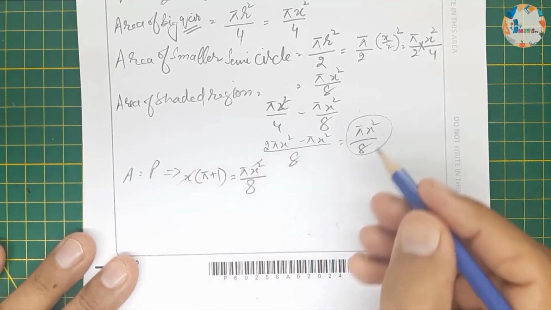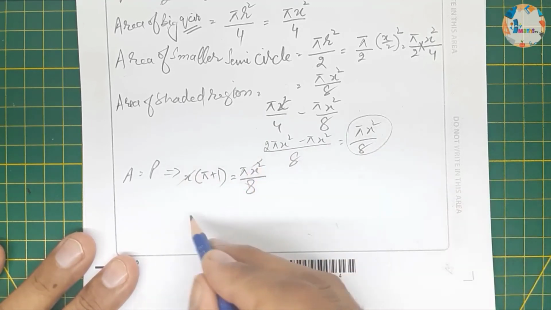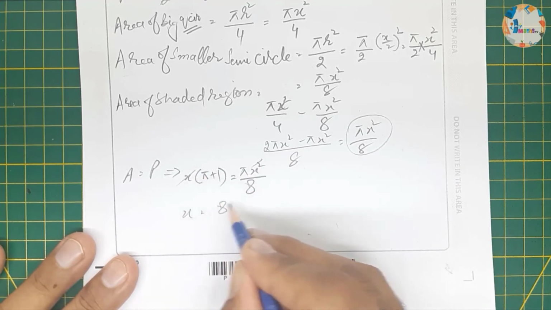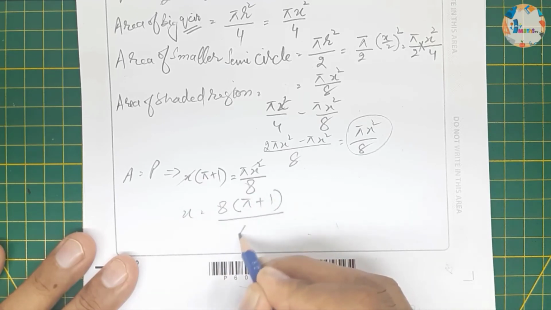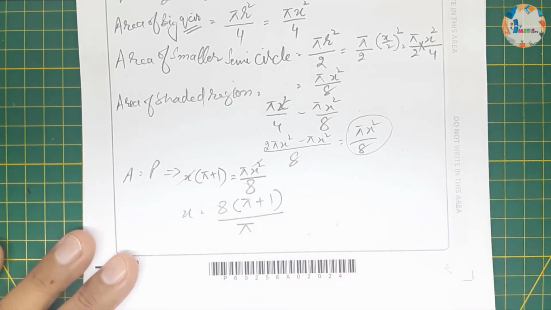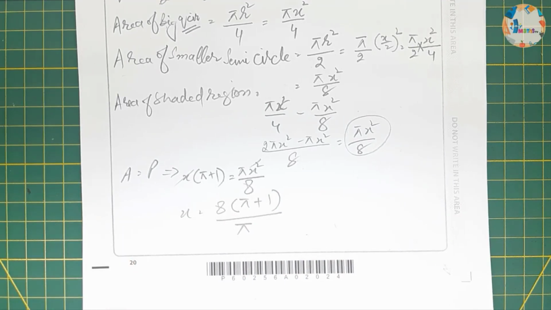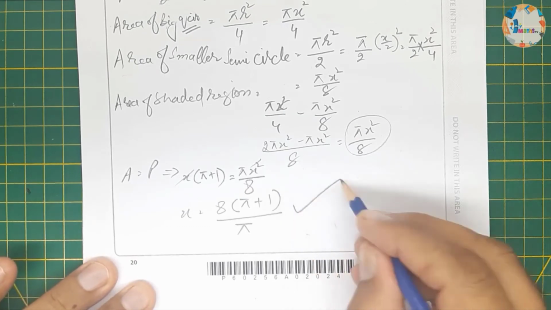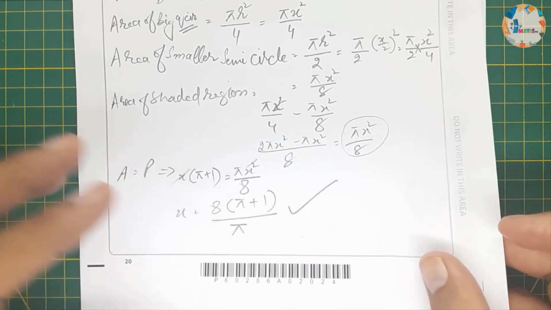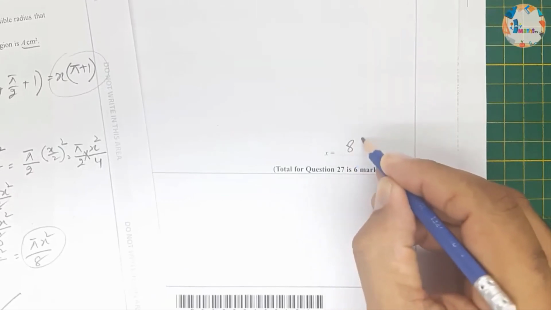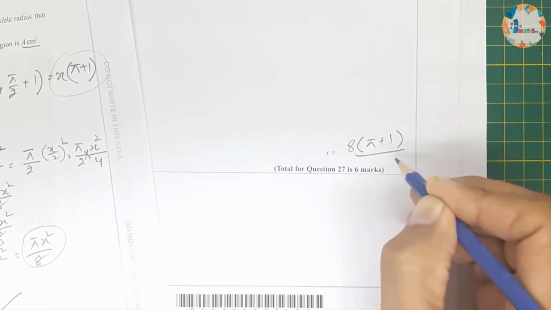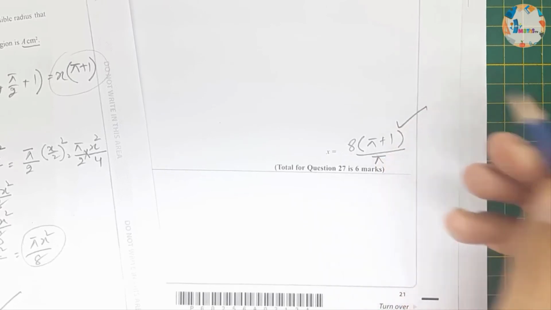Now this x will cancel with the square, so x will be equal to 8 into pi plus 1 over pi. This will be our final answer, and the answer location they have provided on the next page, so we can properly write it over there. So x is equal to 8 into pi plus 1 over pi. This will be our final answer.